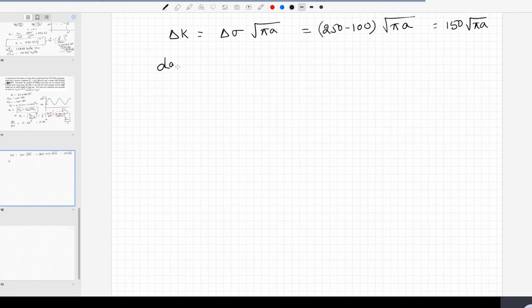So let me write down the Paris law. dA by dN is equal to C or A, whatever we have here, since it is given as A, delta K power M, right? M is equal to 4.